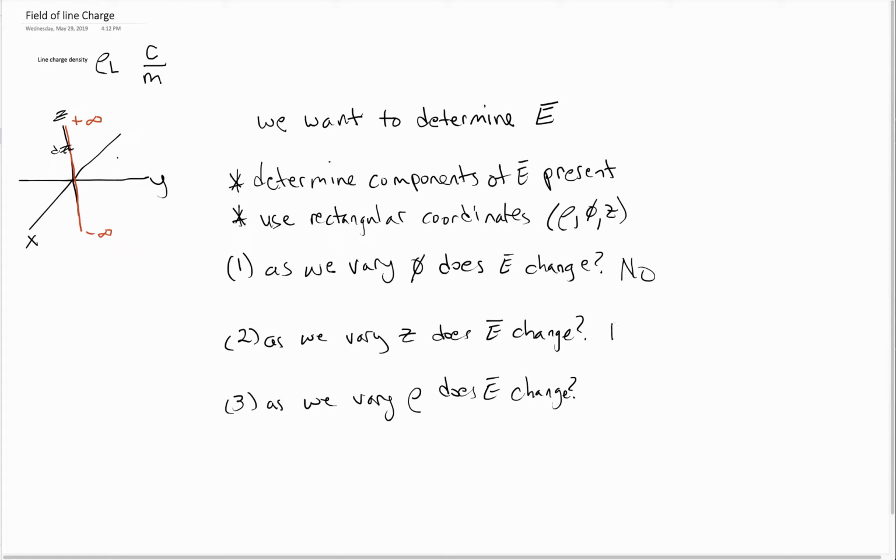So that's a no. And then if we move from here to here to here, we know from Coulomb's law that the force will become weaker. So that does change. So this is a yes. So it is a function of rho only. So the electric field only has an a rho component.